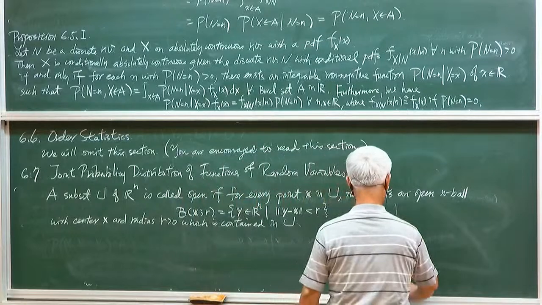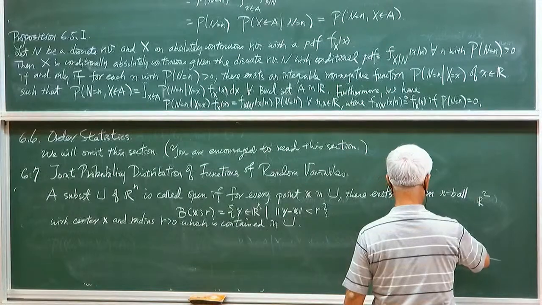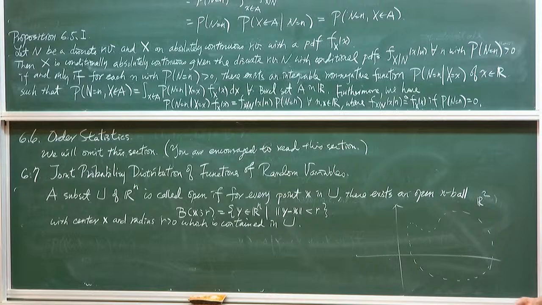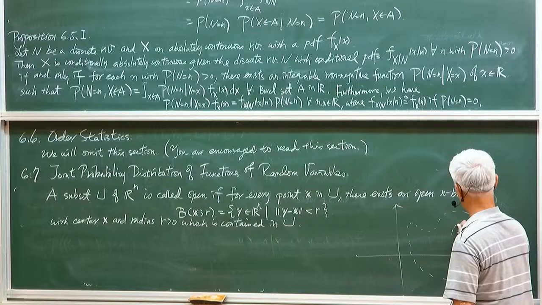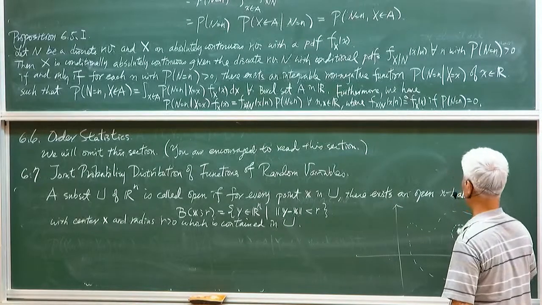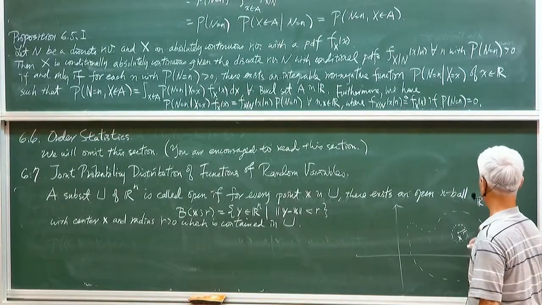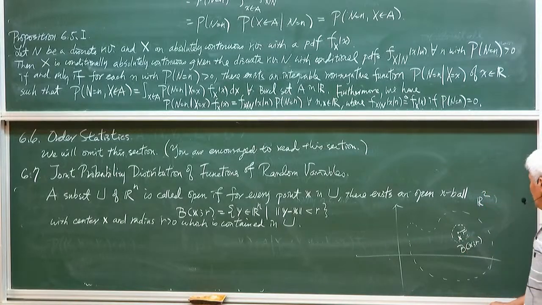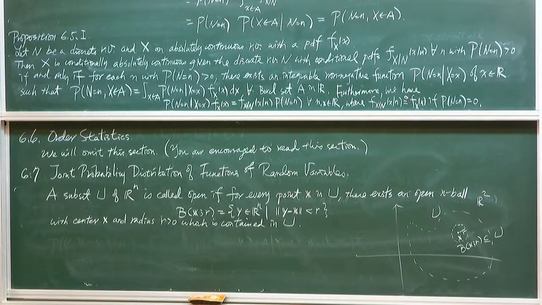So in R2, this is an open set, because for any point x here, we can find an open disk, which is the open two-ball, and the radius is r. So this is B here, and this is U, contained in U. It's just like an open set in the real line.